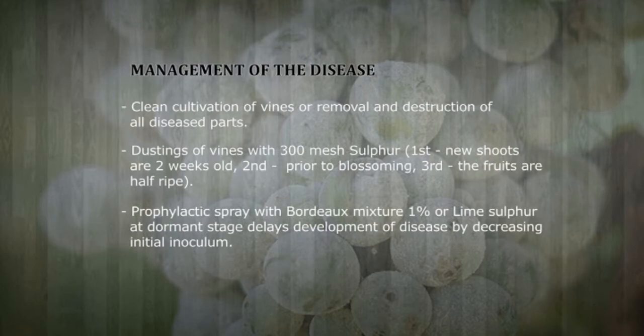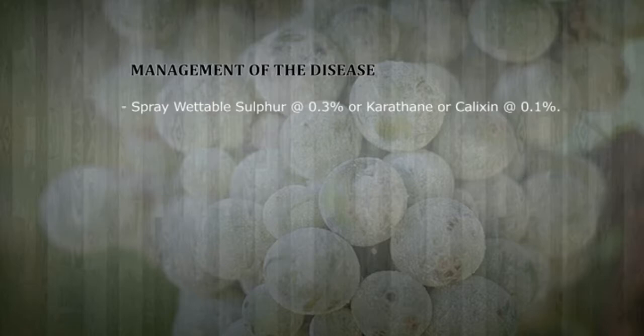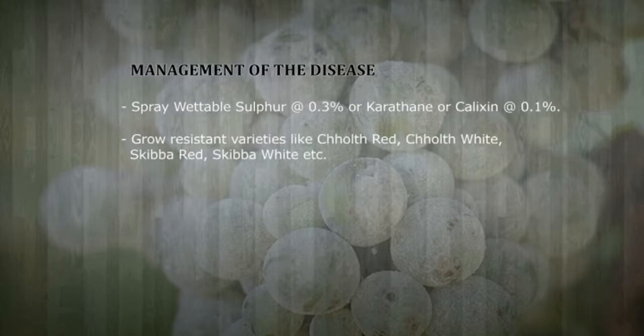Prophylactic spray with Bordeaux mixture 1% or lime sulfur at dormant stage delays development of disease by decreasing initial inoculum. Spray wettable sulfur at the rate of 0.3% or Karathane or Calixin at the rate of 0.1%. Grow resistant varieties like Cholt Red, Cholt White, Skiba Red, Skiba White, etc.